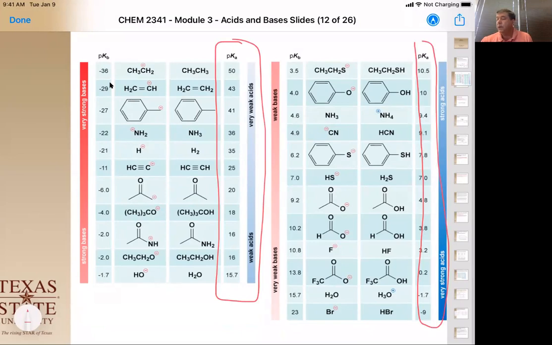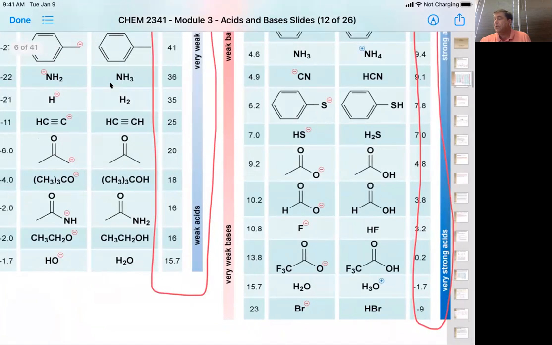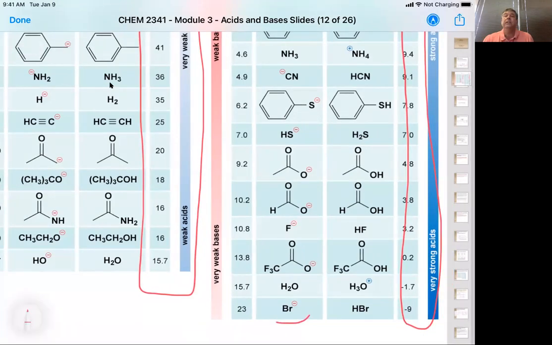So the first trend I want to look at is way down here. And as we know, HBr is a strong acid. It's a traditional strong acid from inorganic chemistry. In fact, HBr has a pKa of -9 in the absence of water in this scale. So it's a very strong acid.